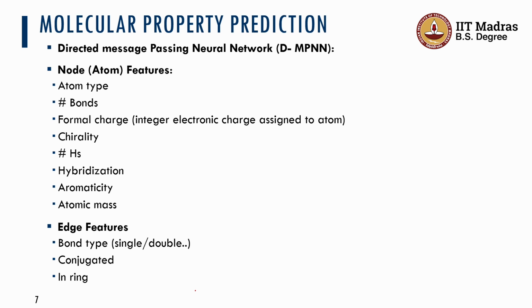In one of the papers where DMPNN has been proposed, they have used several node features like atom type, number of bonds, formal charge, integer electronic charge assigned to the atom, chirality, number of hydrogens it is bonded with, hybridization, aromaticity, atomic mass.